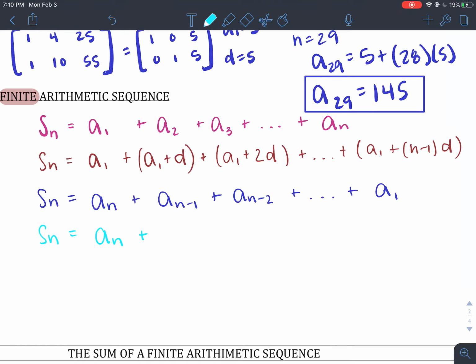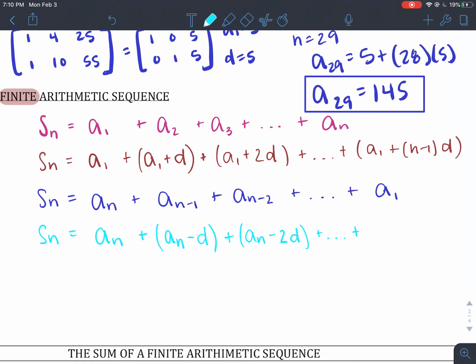If I'm starting at the 10th term and want to go back to the 9th term, instead of adding my common difference, I'm going to subtract it. So a sub n minus 1 is a sub n minus my common difference d. And then a sub n minus 2 is a sub n minus 2 of my common differences d.